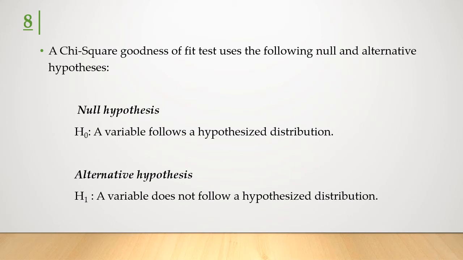The chi-square goodness of fit test uses the following null and alternative hypotheses. Remember, we said the three of them are answering different research questions. So this is the research question that the goodness of fit is testing. The null is that a variable follows a hypothesized distribution. So the mean of the scores in an English exam is equal to, let's say, 85.